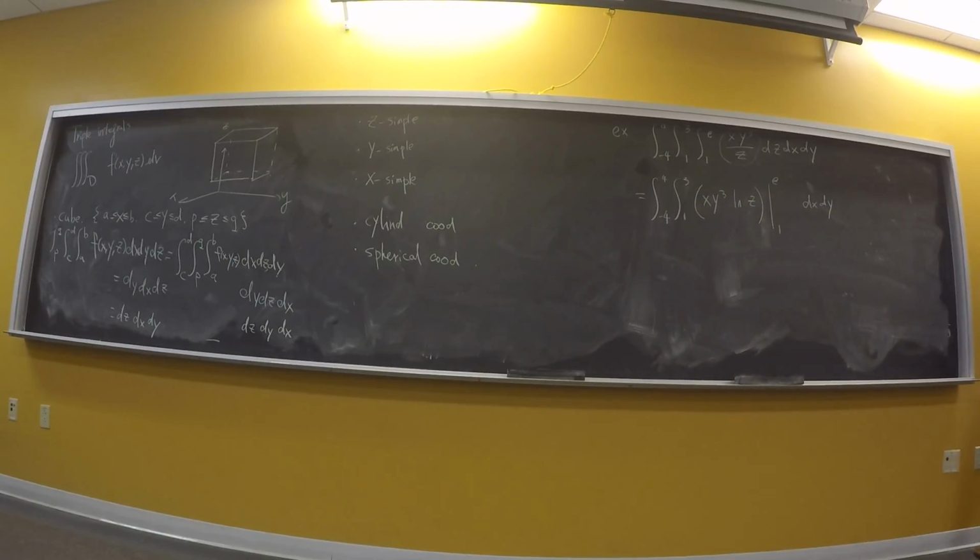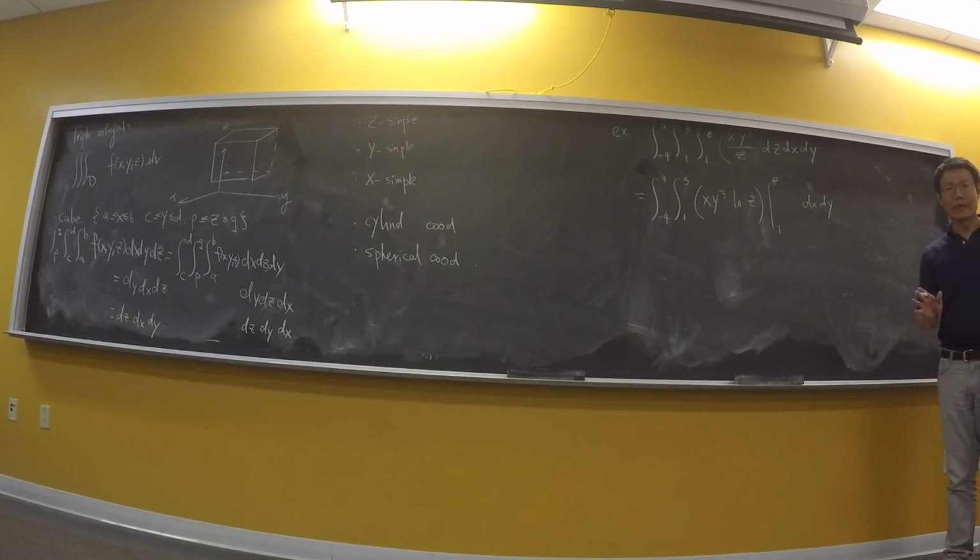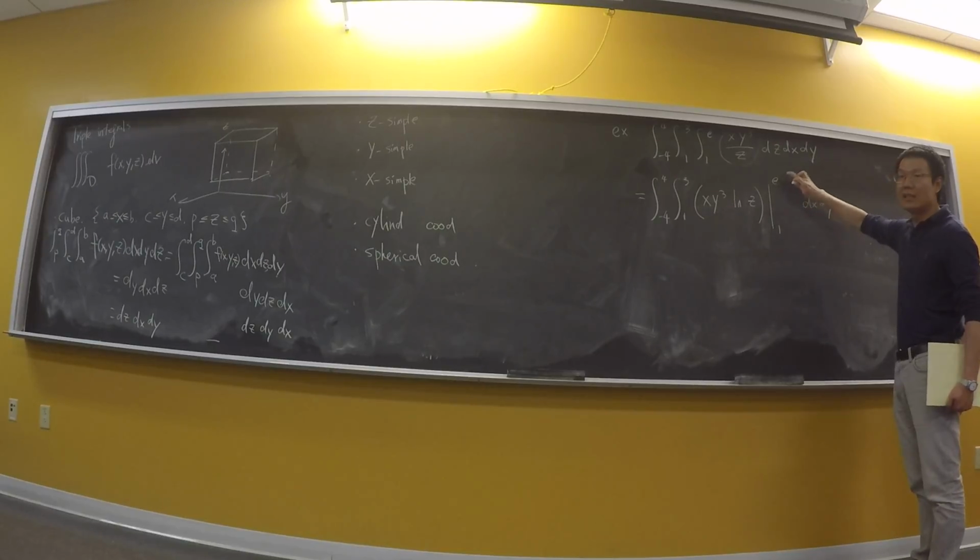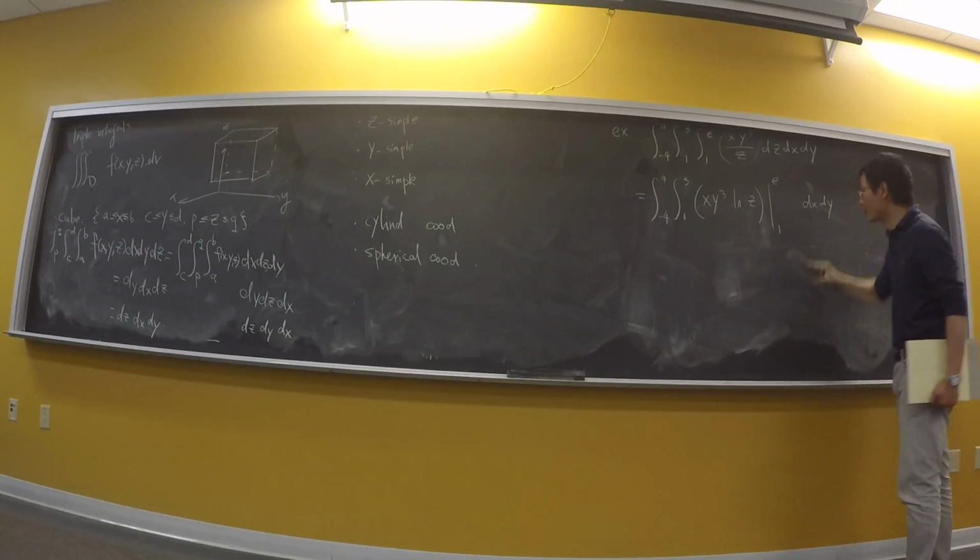Again, there are a couple of remarks and suggestions I want to give you. Because now you're dealing with 3 independent variables, every time you do evaluation, listen to me carefully, keep your variables with you. You don't want to just write e and 1, because a lot of times you get confused.